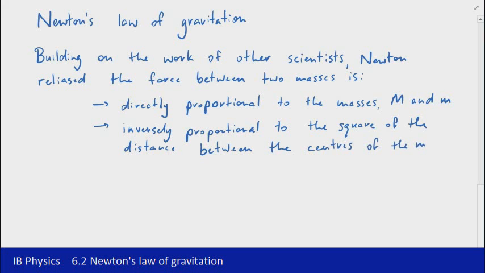So not just the edge, it's actually to the center, so to the center of mass. The last thing about this relationship too is that it's always attractive. So the force between the two is always going to be directed towards the two, so each mass will be attracted towards the other mass.